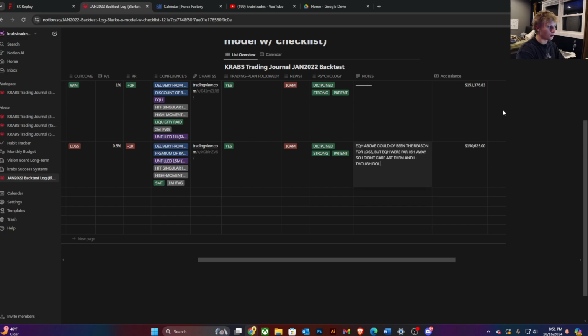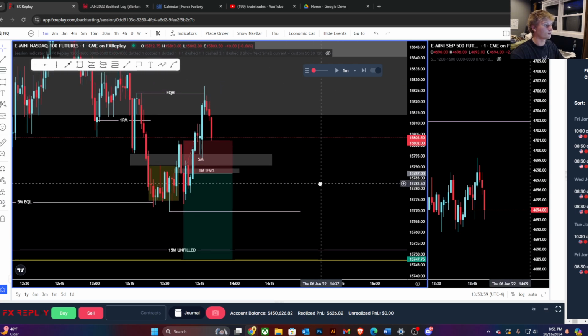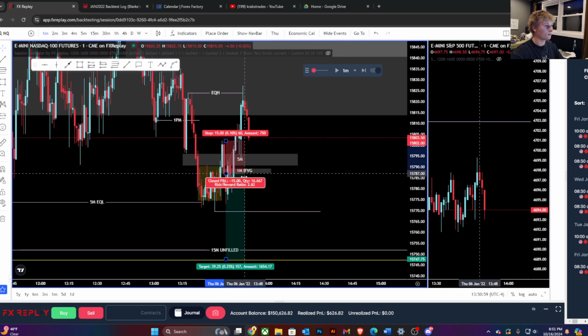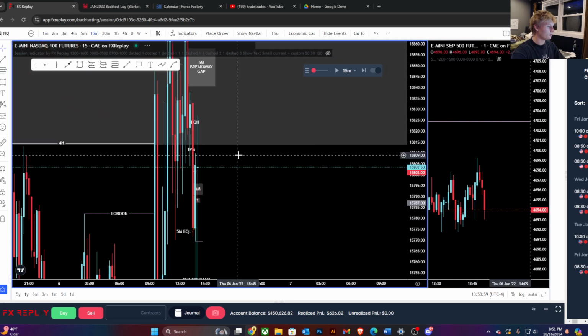And I thought the draw was clear to rebalance, unfilled 15 minute and equilibrium of the range. But yeah, let's see if there could be a re-entry, because we did just sweep that.